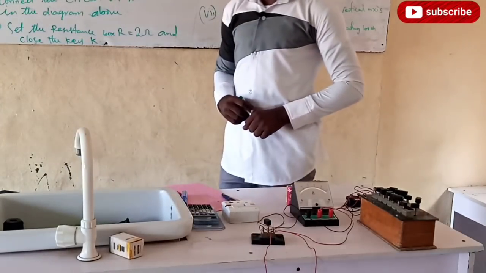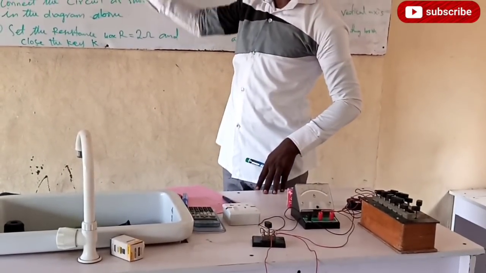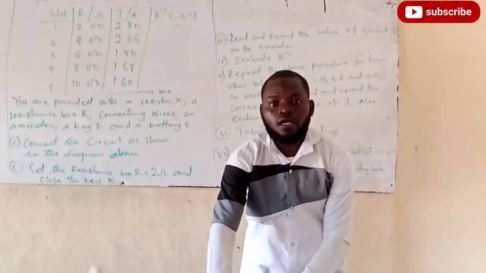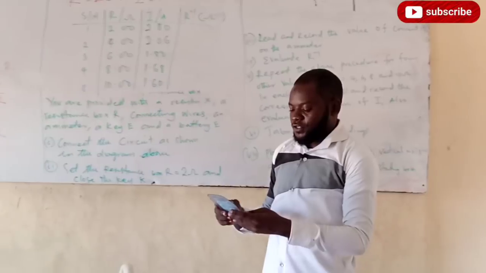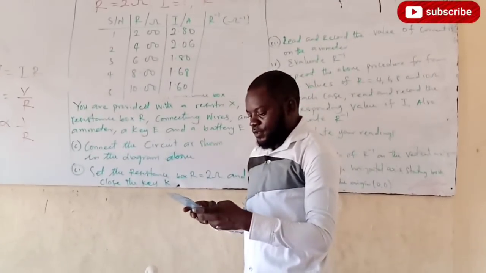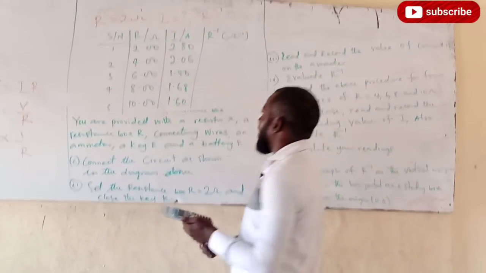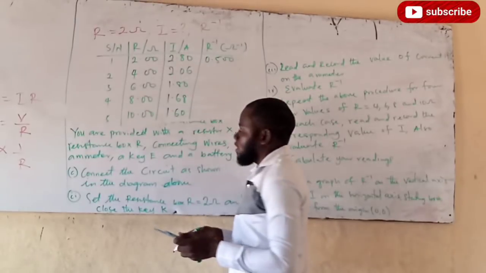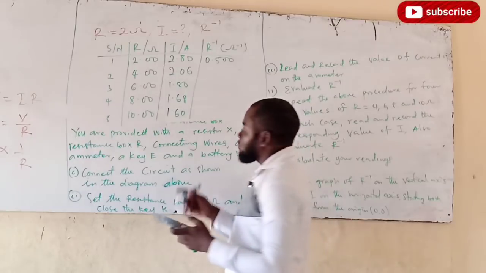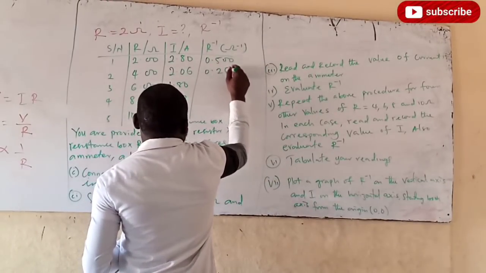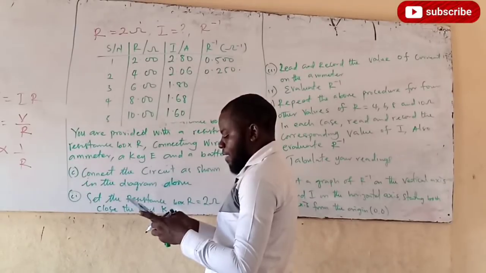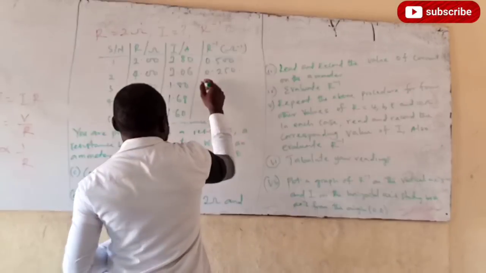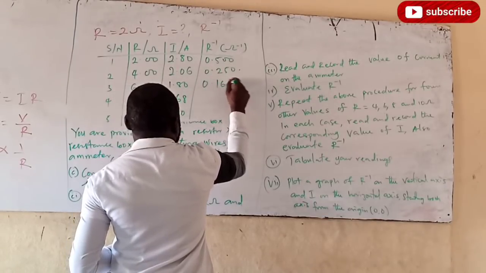Okay, so now that we're done with the reading of the ammeter, we can now get our inverse of resistor. So 1 divided by 2, we have 0.5, so it's going to be 0.500. And 1 divided by 4, that's 0.250. 1 divided by 6, that's 0.167.